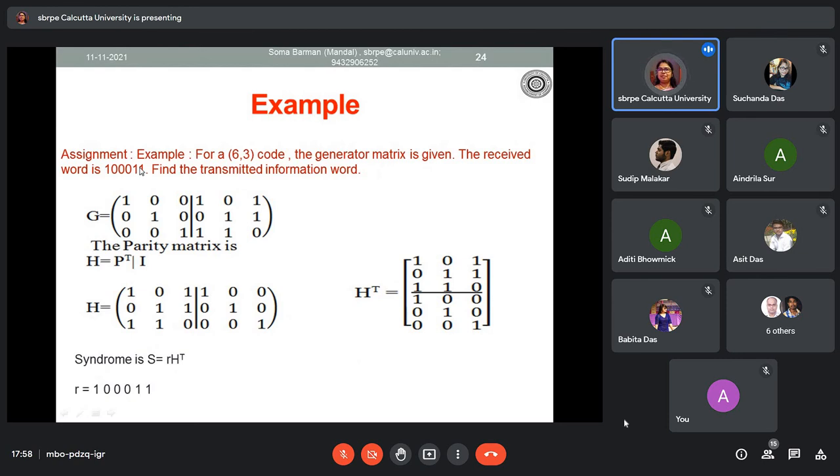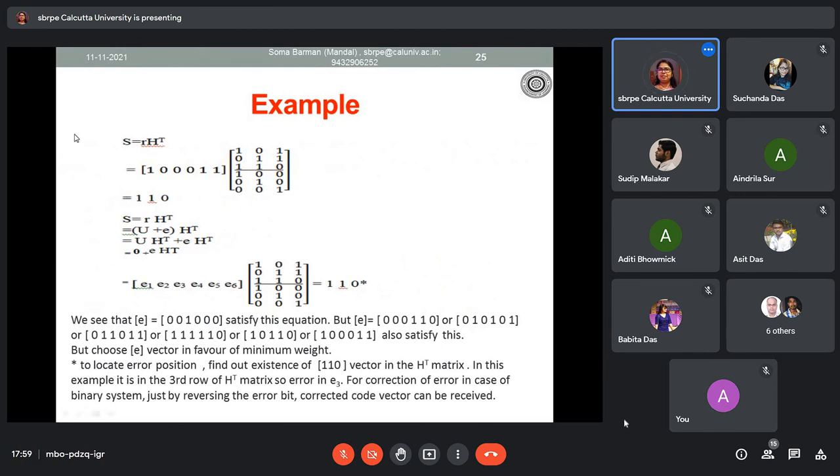So from the syndrome calculation, R is given. From G, you can easily find out your H. That is also shown. And your syndrome you can easily calculate because R is received and H transpose is known.